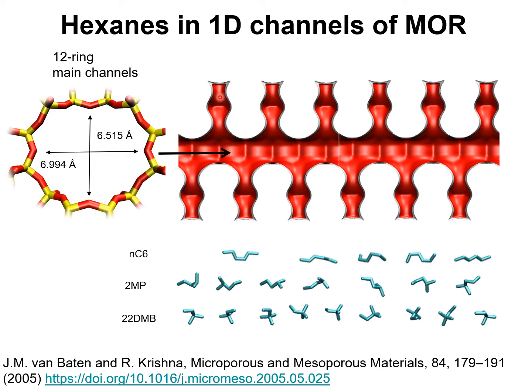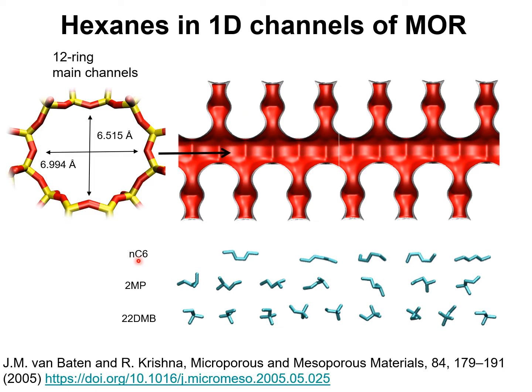Connected to these channels are side pockets, but these side pockets are small, and none of them are able to adsorb the hexane isomers. The isomer adsorption occurs in the main 12-ring channel.